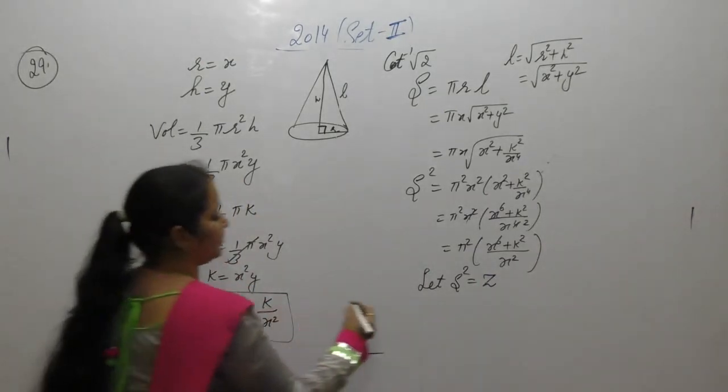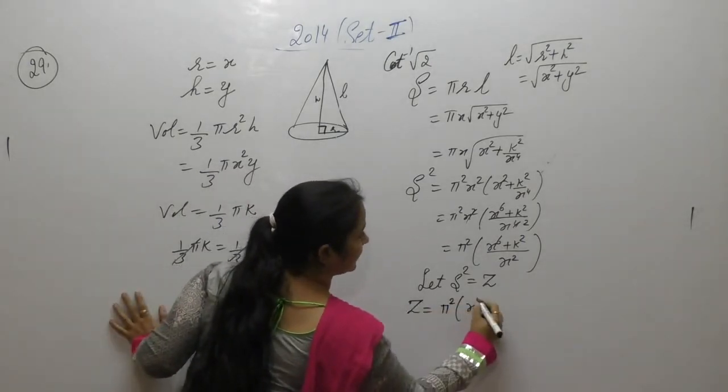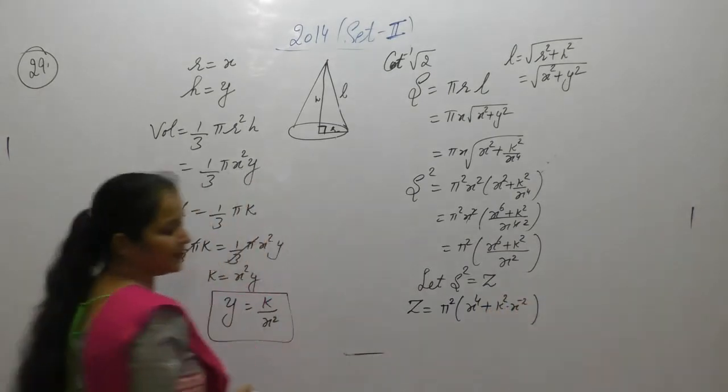Now differentiate both sides with respect to x. z is pi square x4 plus k square into x power minus 2.